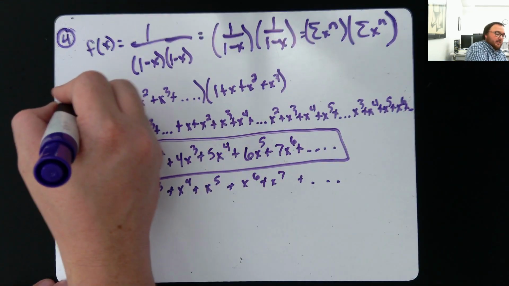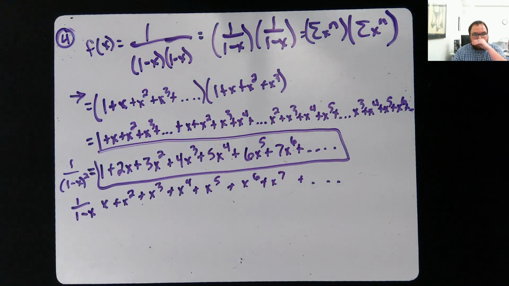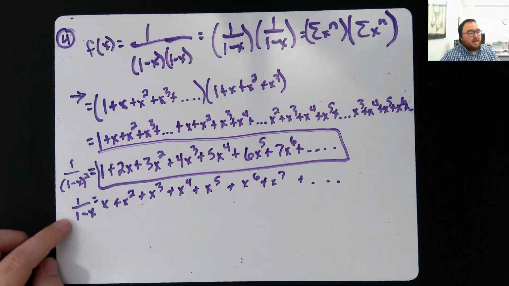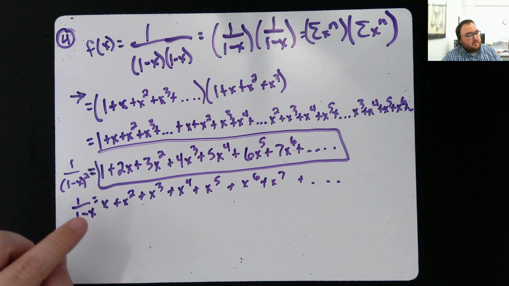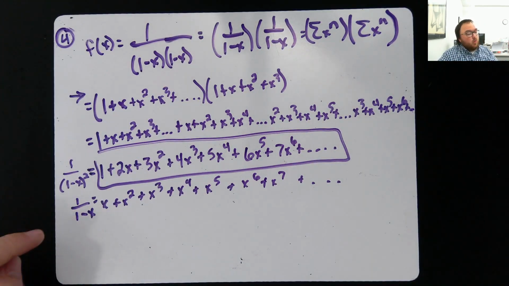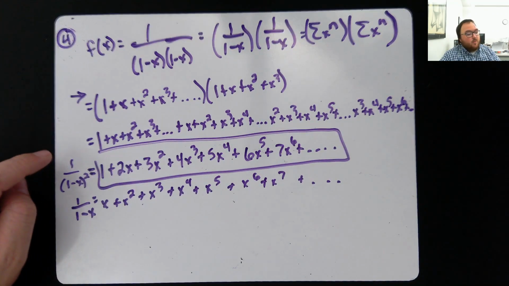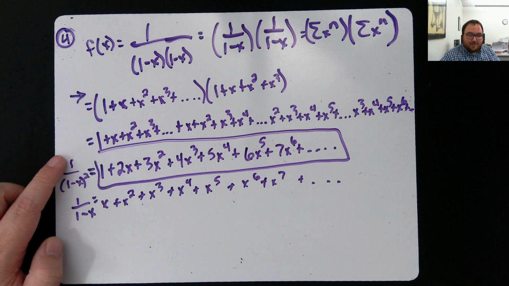That is the power series for 1 over 1 minus x. So the derivative of the power series for 1 over 1 minus x is equal to the power series for 1 over 1 minus x squared. Well, what else do you notice?